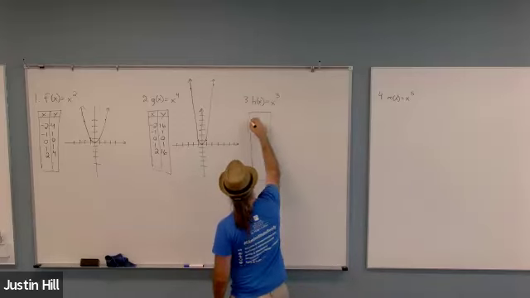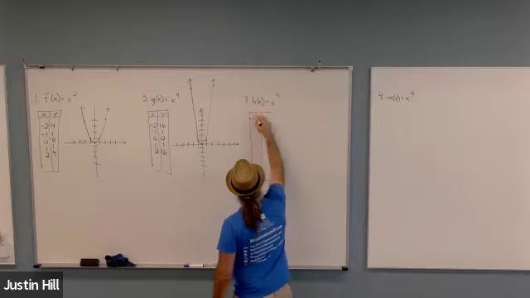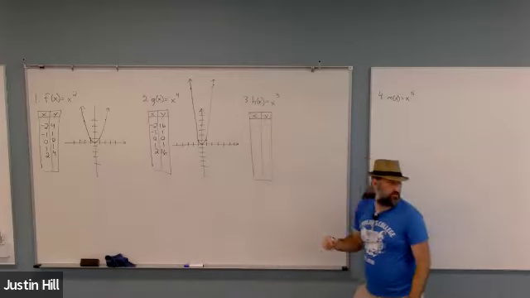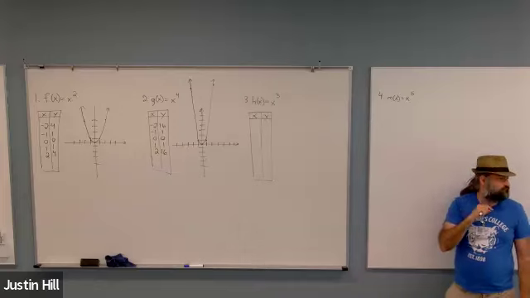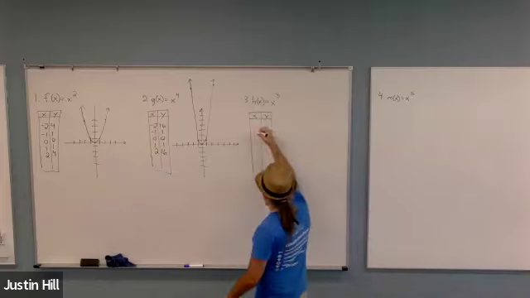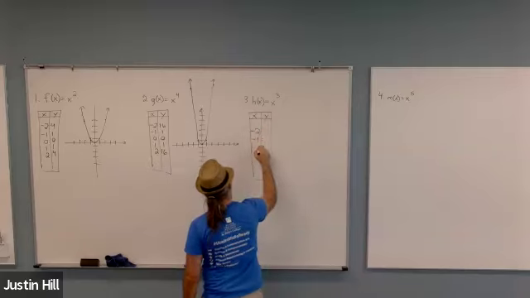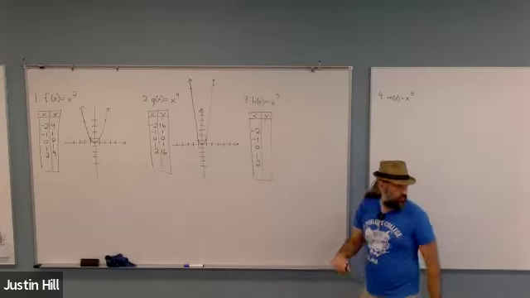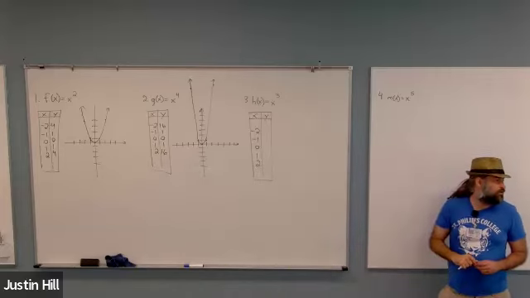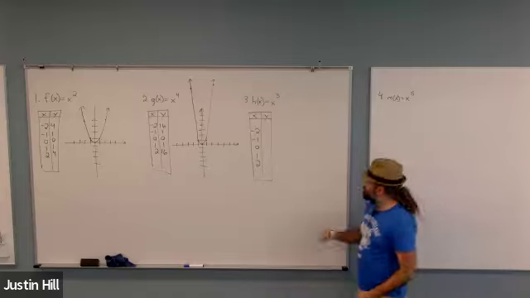Can somebody give me, for x cubed, what were your x values and what did you get for the y's? We'll still do negative 2, negative 1, 0, 1, 2. For negative 2, I got negative 8. Good.